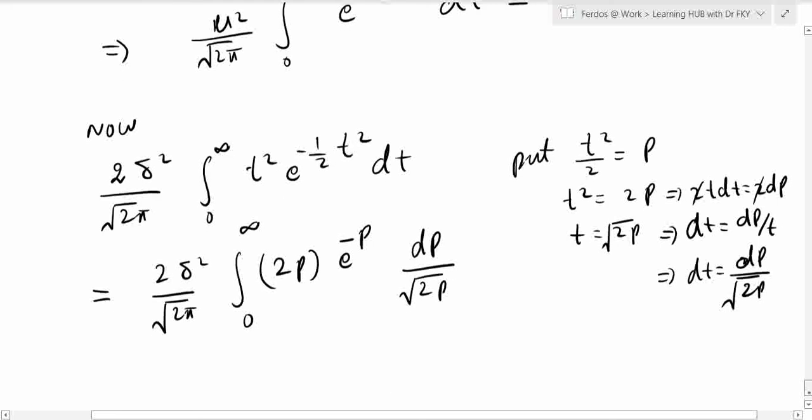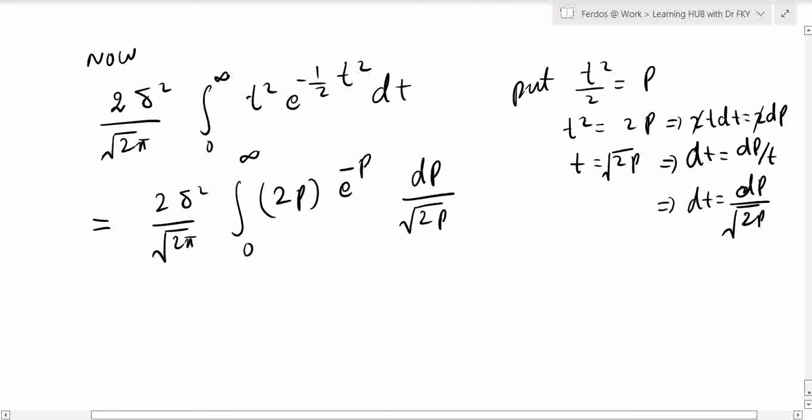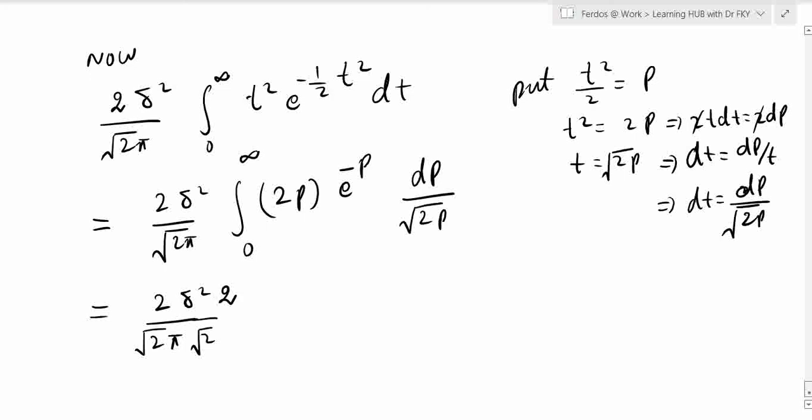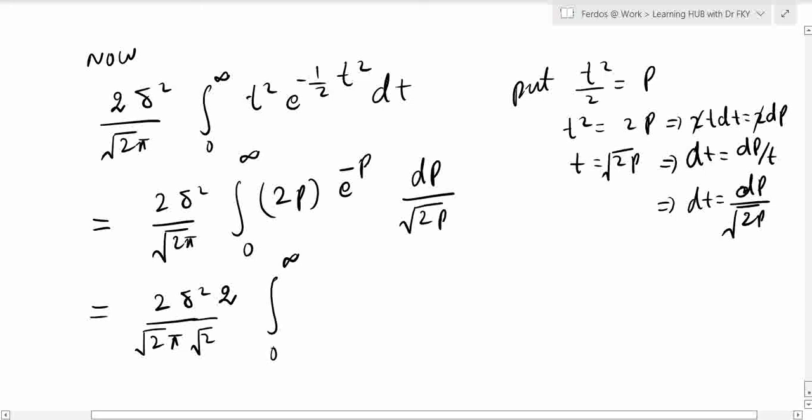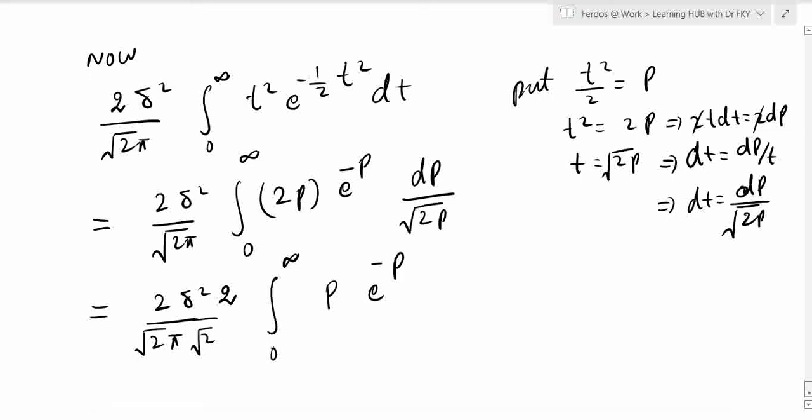Now simplify this and you will get 2 sigma square divided by 2 square root pi. You can write this 2 here in the denominator and the square root, and 0 to infinity, this is p e power minus p, p power minus 1 divided by 2 dp. Now simplify the things.